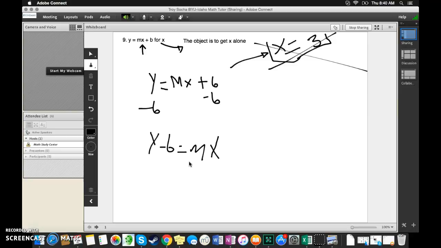Alright, so if y minus b is appropriate, then we know that we can't reduce that any further. So we're going to divide by m.